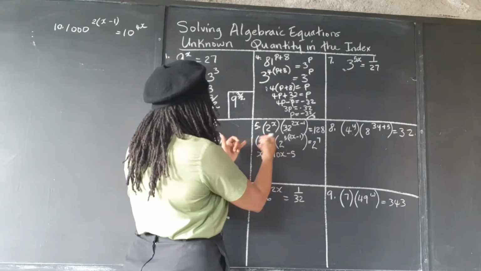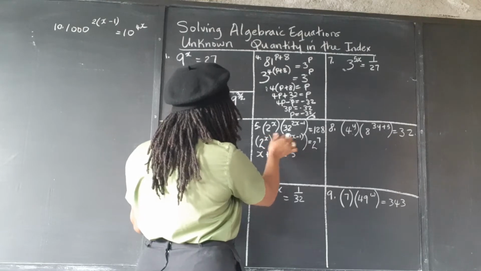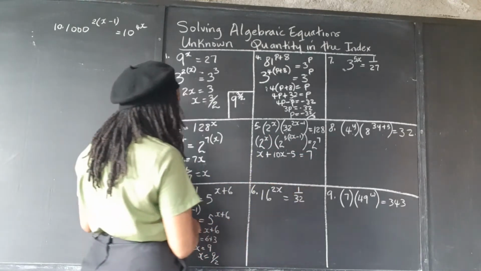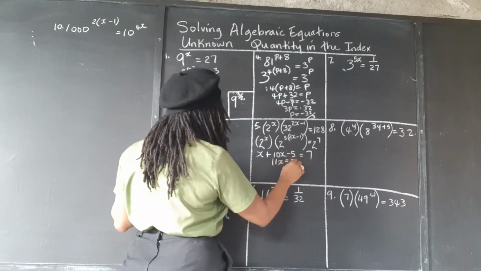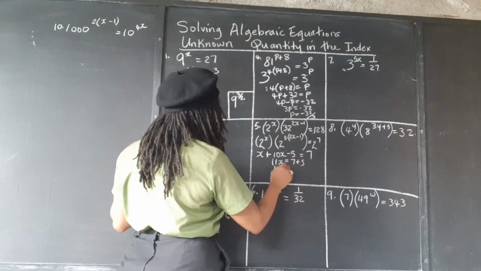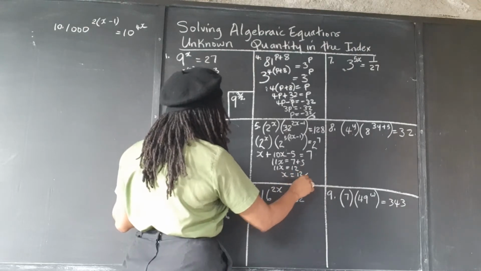We're adding them because the base is the same and we're multiplying here. So we add the indices. And we have a 7 here. So grouping the like terms, 11x is equal to 12. So x is 12 over 11.